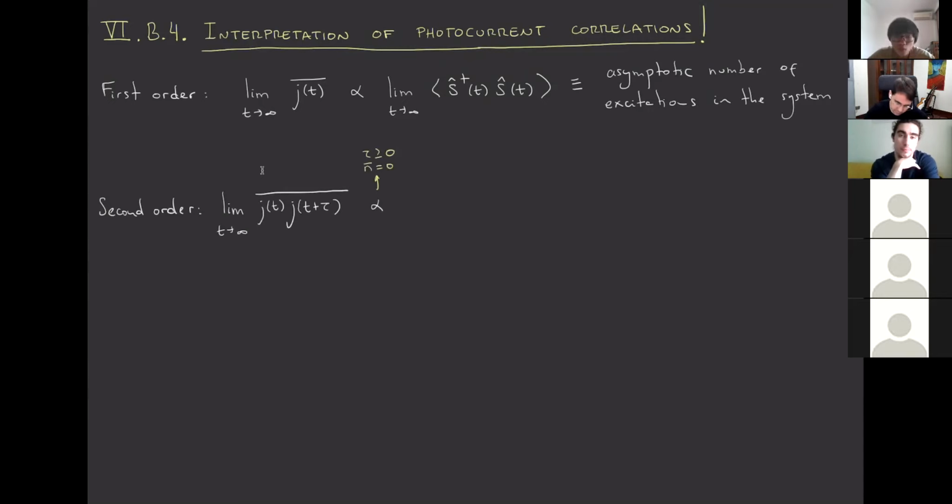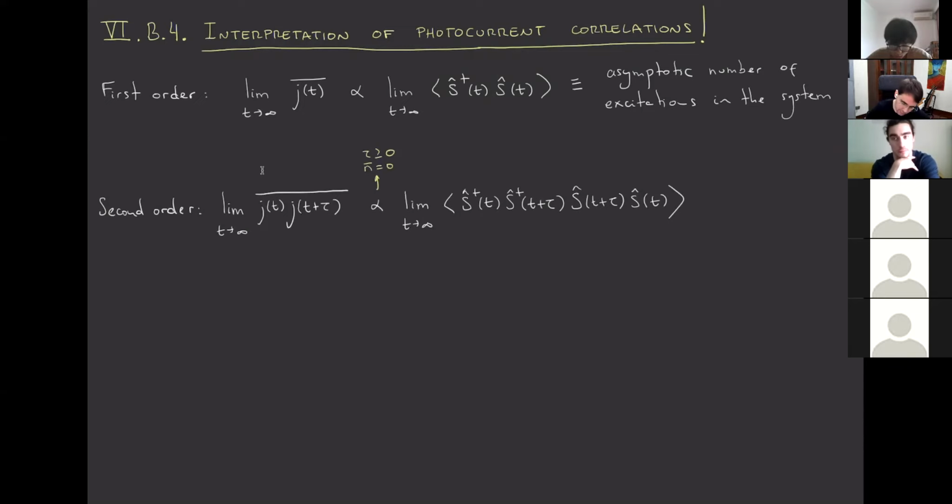We have seen that this is just proportional to the limit when t goes to infinity of this correlation function of S dagger of t, S dagger of t plus tau, because tau is positive, so this is in time order. Then S of t plus tau and S of t. Okay?